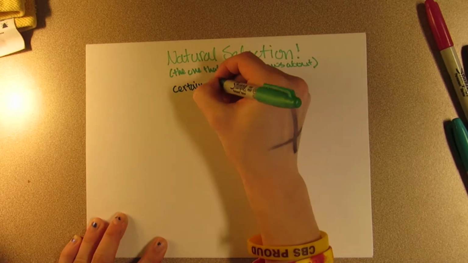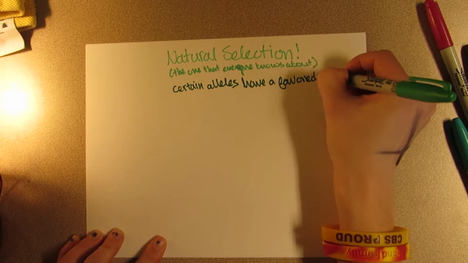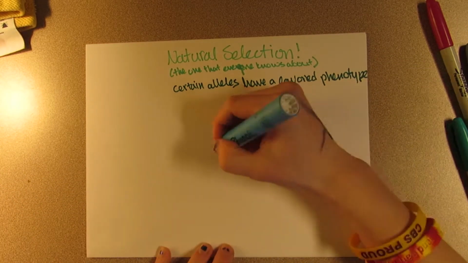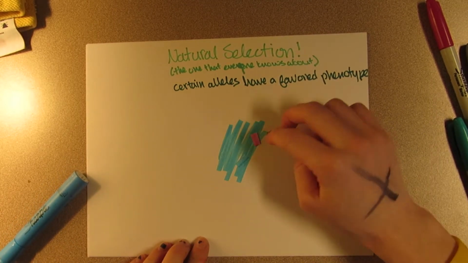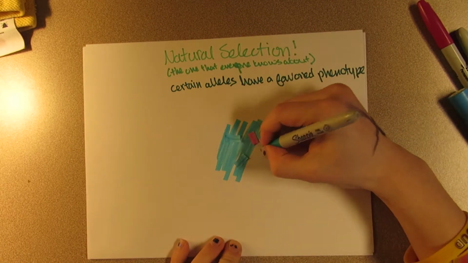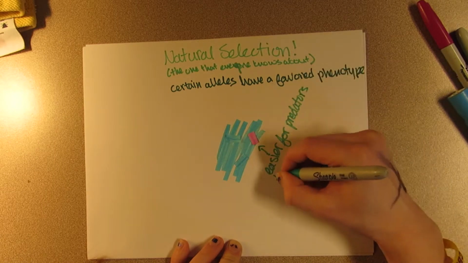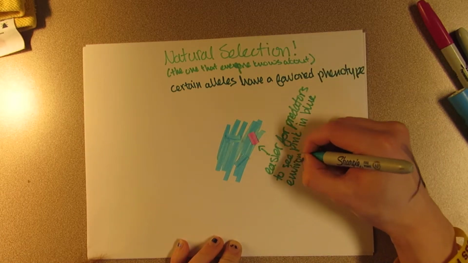So natural selection is what happens when certain alleles have a favored phenotype that makes them more fit for their environment. So for an example, let's say we have a blue environment and blue and pink phenotypes. The blue is going to be better suited for their environment than the pink because it is easier for predators to see the pink in a blue environment.